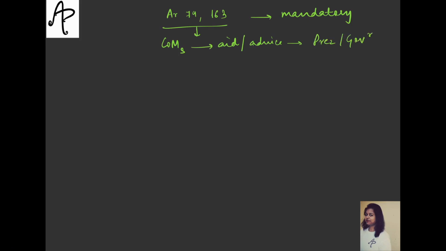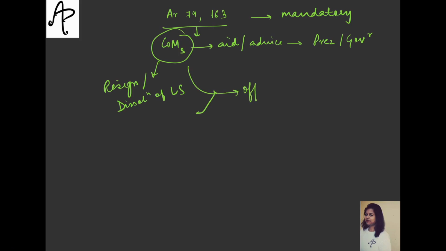So let's say the council of ministers resign, or let's say there is dissolution of Lok Sabha, then these ministers will not be there. For whatever reason, even if the council of ministers does not exist, they will have to be in office till the successor comes.